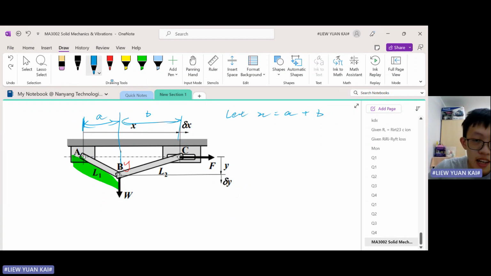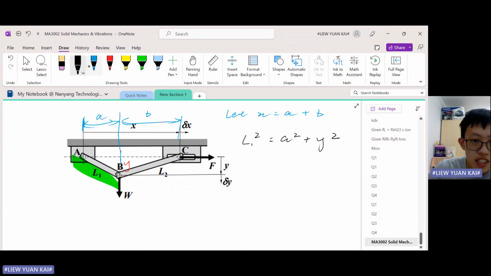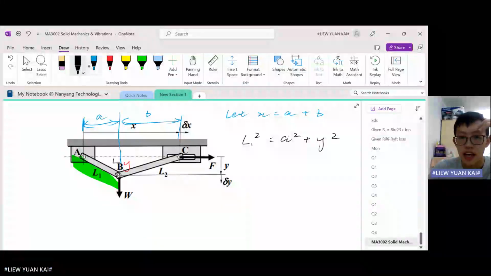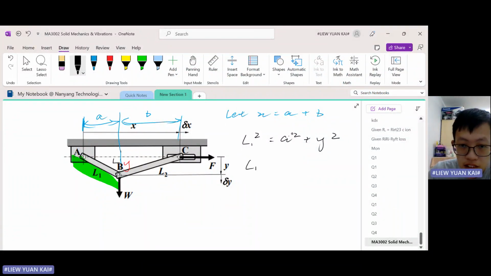So by Pythagoras theorem, L1 squared is equal to A squared plus Y squared. See, the square of the hypotenuse is given by A squared plus Y squared. I hope everyone can see that. This is a right angle triangle. So let's make A the subject here. If you make A the subject, you can bring Y squared over, and then you move the square to the other side, it becomes square root.